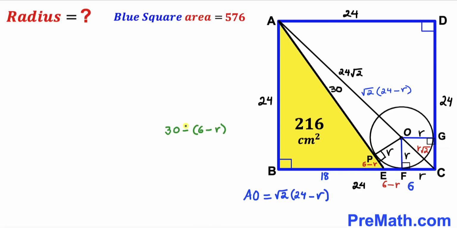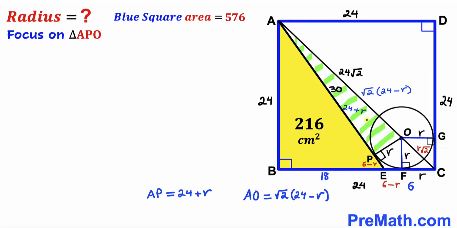And now let's go ahead and open up this parentheses. So we can write this one as 30 minus 6 plus r. So our AP length turns out to be 24 plus r.